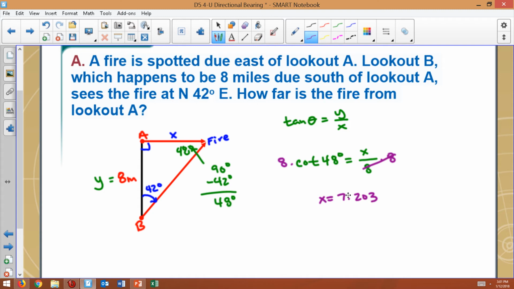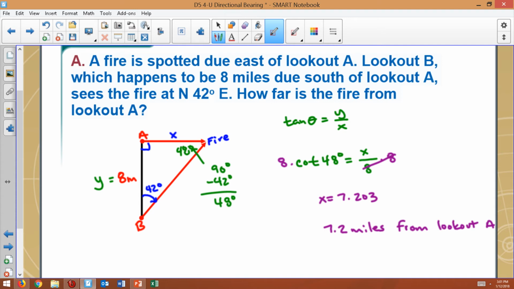Now, it doesn't say what to round to, so since I've been rounding to the nearest tenth, I'll continue to do so. I'll say the fire is 7.2 miles from lookout A. And that would be my answer.